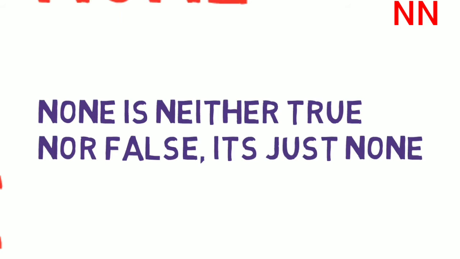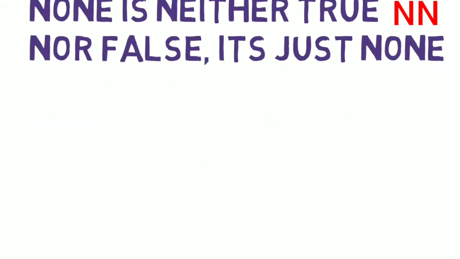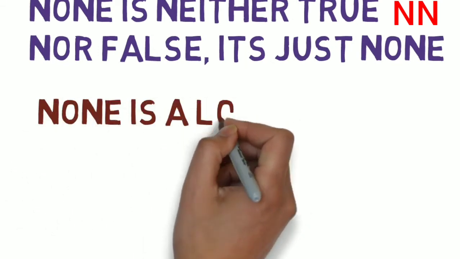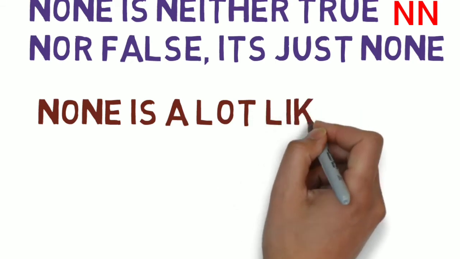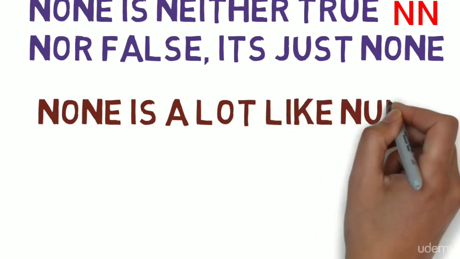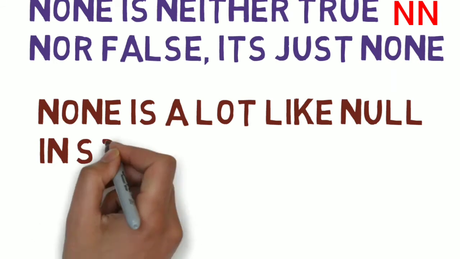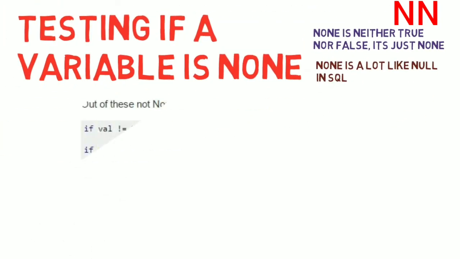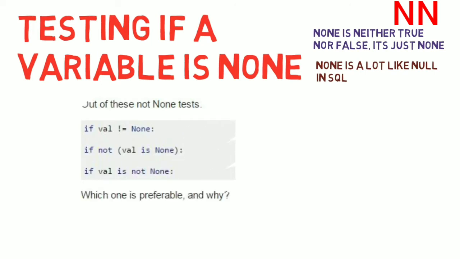So you cannot test whether something is equal to none. None is a lot like null in SQL. So in SQL, if you have used it before, you would say is null or is not null.